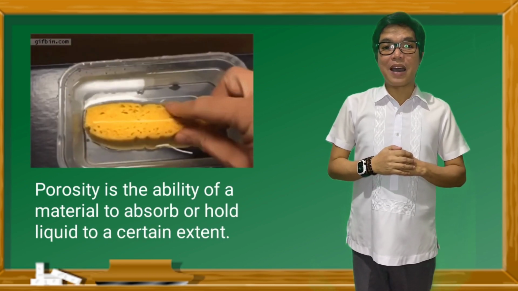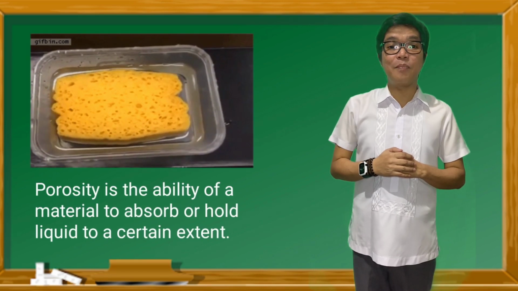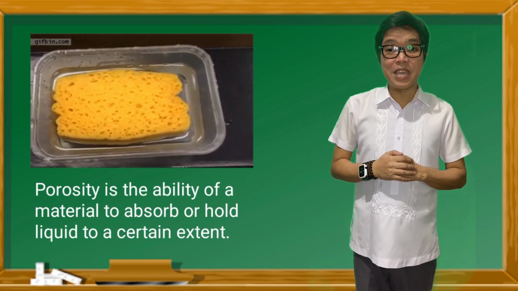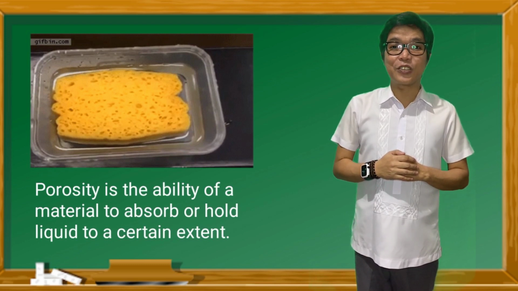One way of classifying matter is by observing if certain matter has the ability to absorb liquid or not. Absorb means to take in something such as a liquid in a natural way.